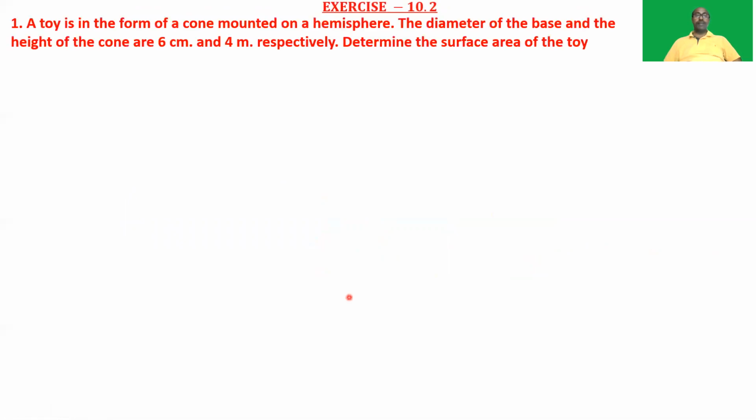Okay, exercise 10.2. So the first problem is: a toy is in the form of a cone mounted on a hemisphere.